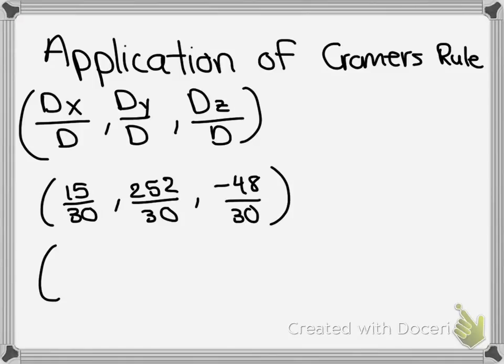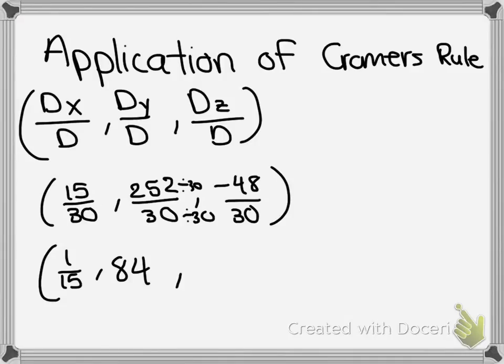And now we have to simplify. So 15 over 30 simplifies to 1 over 2. Simplifying 252 over 30, we simplify the top and bottom by 30, and we get 84.